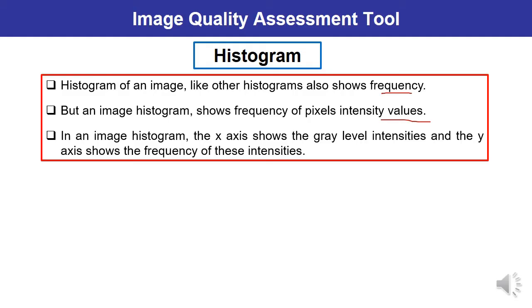The histogram is a plot that provides a global description of the appearance of an image. The x and y axes of the histogram represent the gray level values and the number of pixels having that intensity respectively. Accordingly, the image histogram can be plotted.